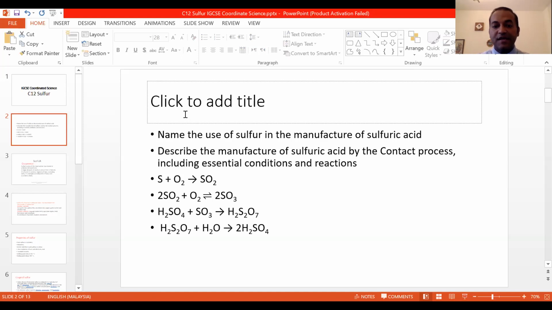So these 4 chemical equations are required in the examination for coordinated science. So as a student, we need to know how to write these 4 equations. Okay, and I'm going to teach you step by step, without memorizing, how to write all these 4 equations today.